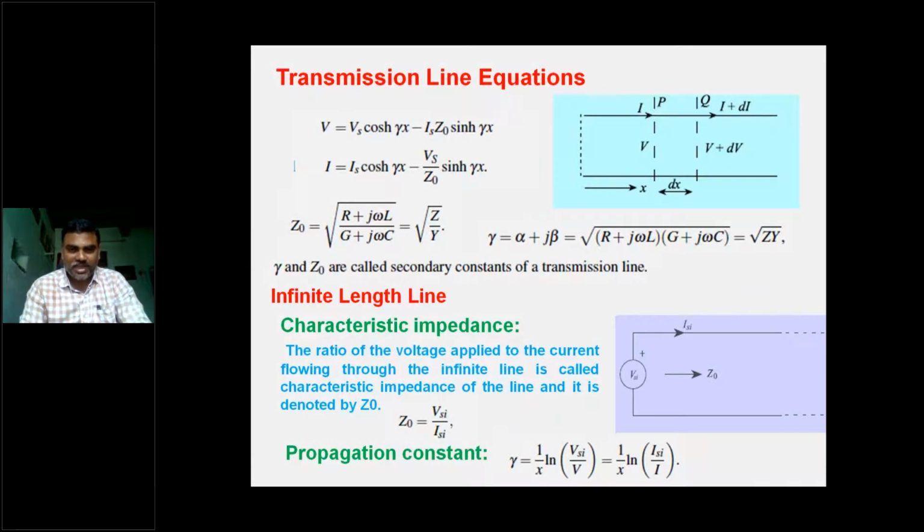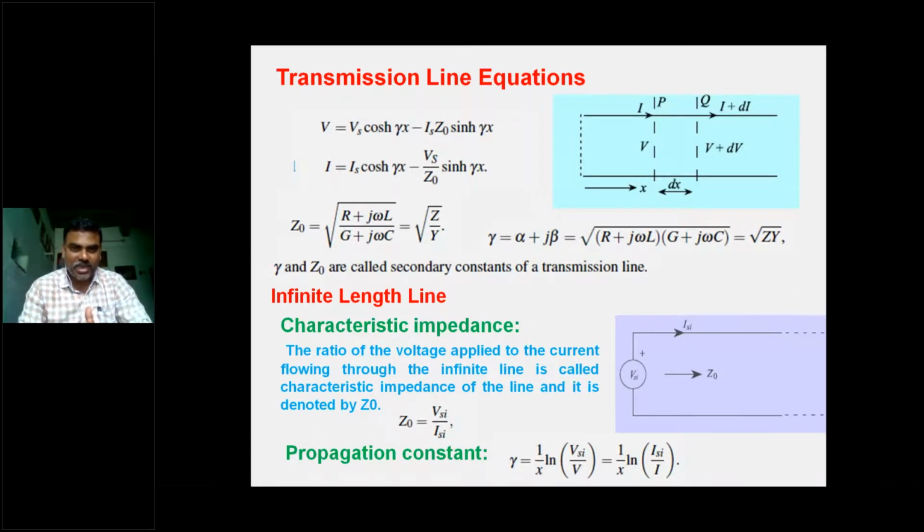And the propagation constant gamma is given by alpha plus j beta. In terms of the primary constants, it is root of Z into Y, that is root of (R plus j omega L) into (G plus j omega C). And here the characteristic impedance Z naught and the propagation constant gamma are both called secondary constants of the transmission line.